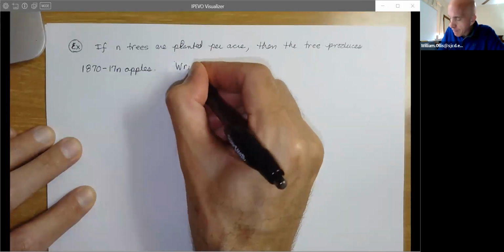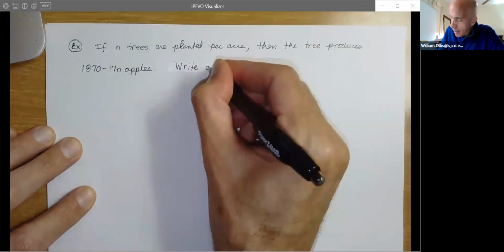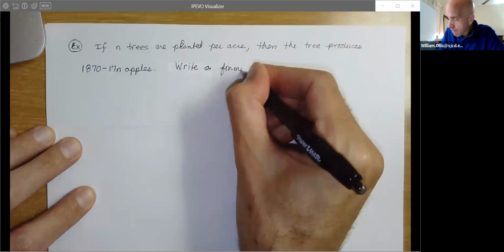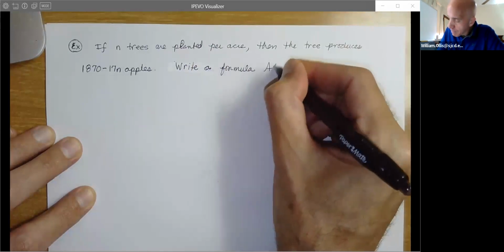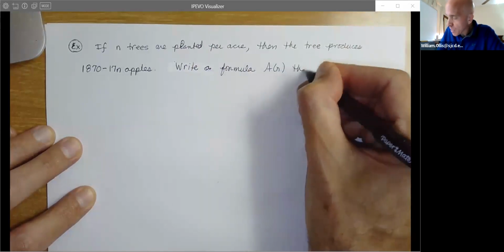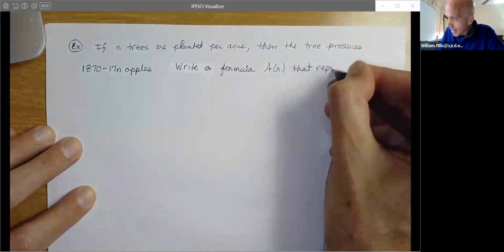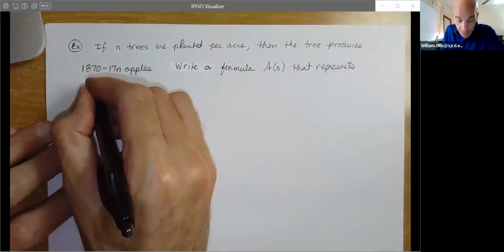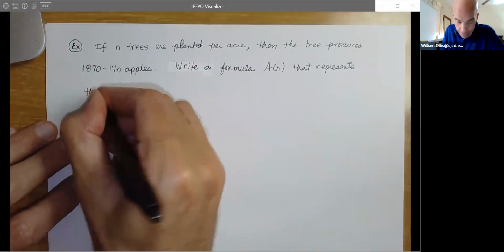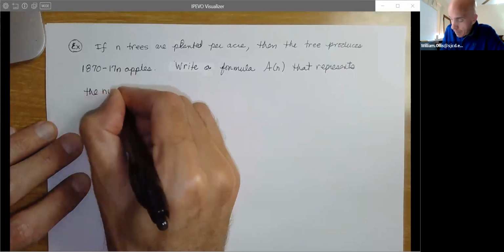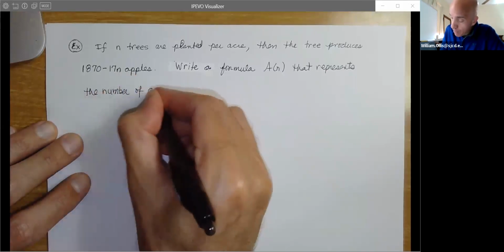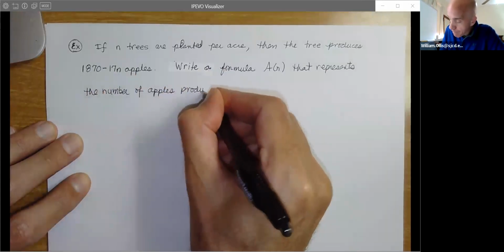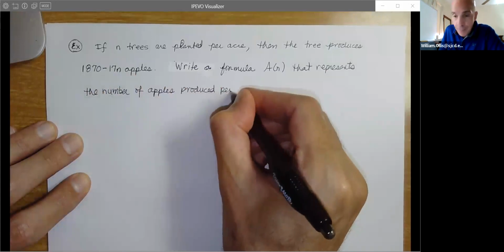Write a formula A of n that represents, I just wanted to write this problem in a different way, that represents the number of apples produced per acre.